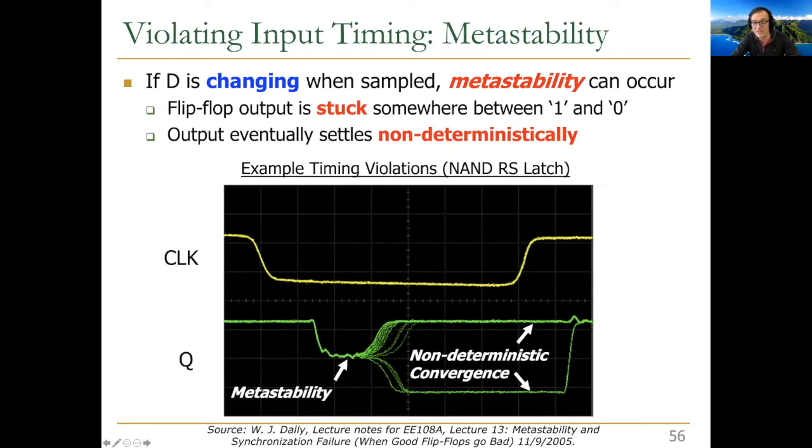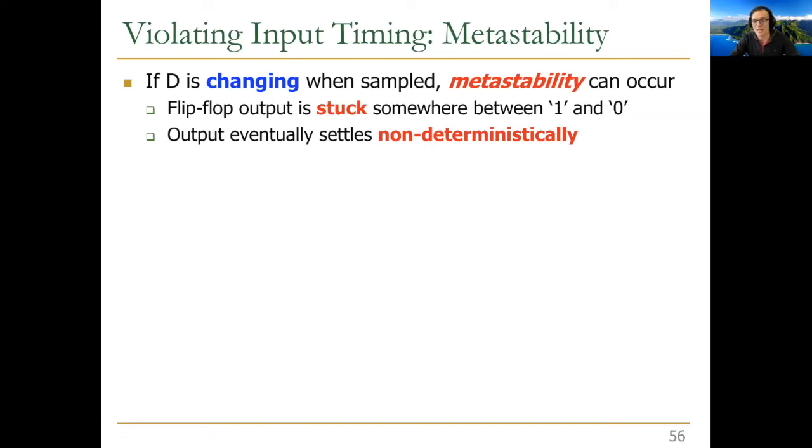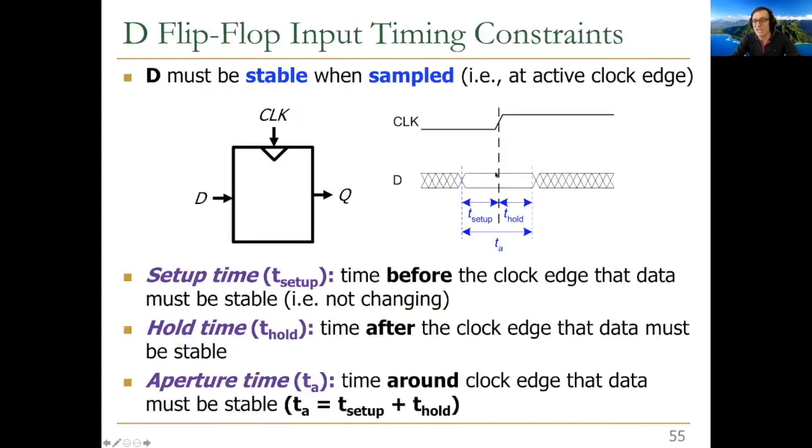It's metastable. And then there are many possible paths it can take. These are simulations of many different potential paths the Q value can take. So it may go to 1, it may go to 0, but you don't know basically what it will go to. So this is why you should really avoid changing D in this aperture time window.